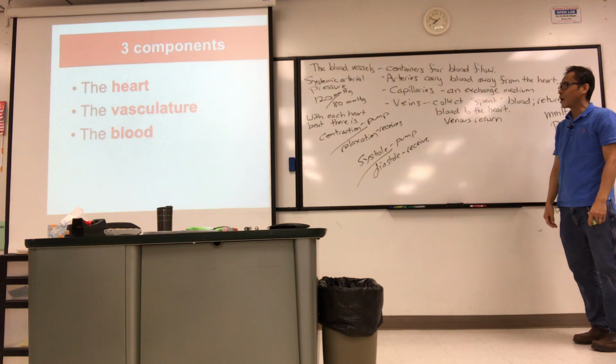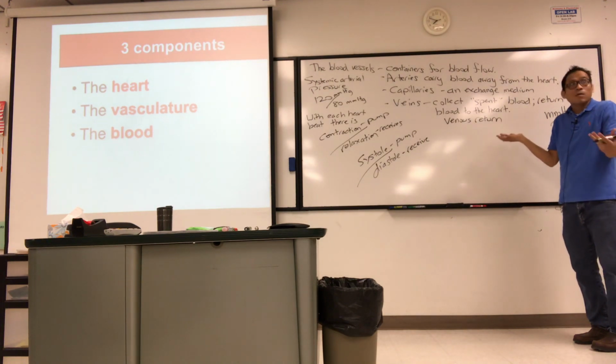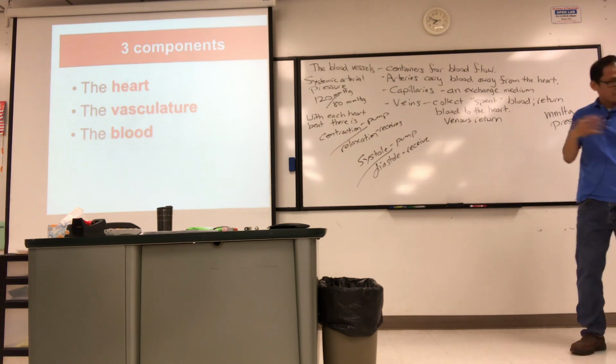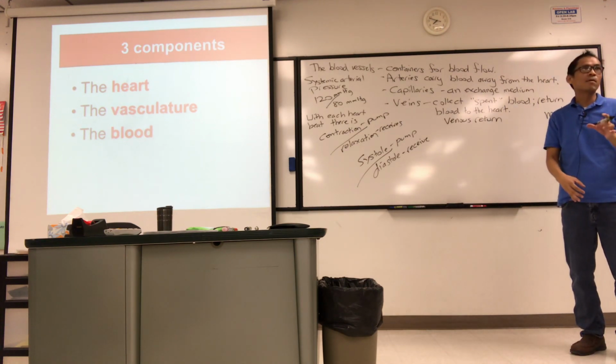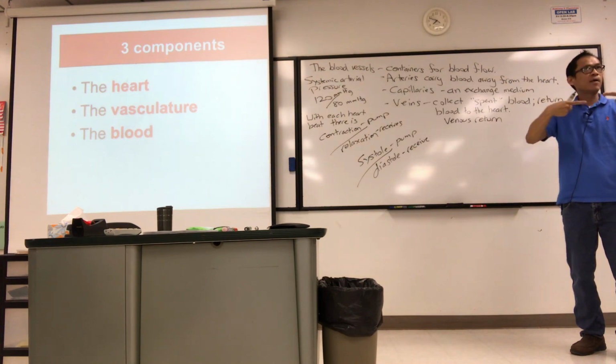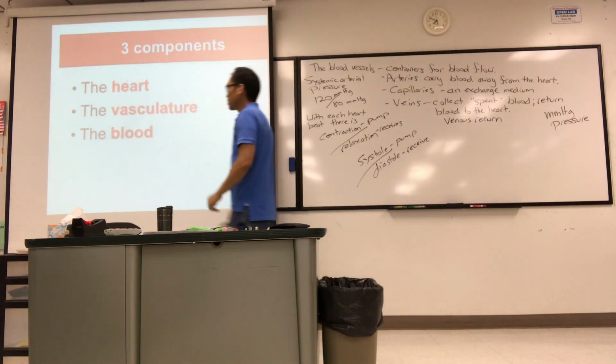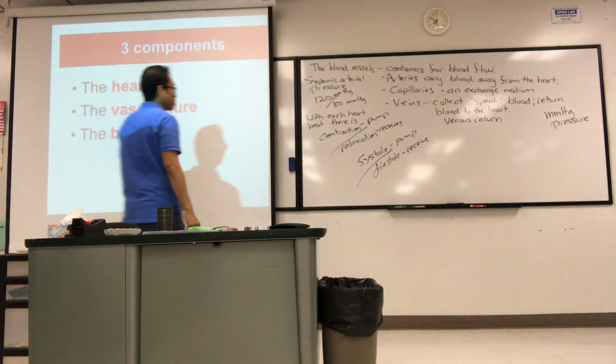Arteries carry blood away from the heart. Veins return it. And a lot of times you have arteries and veins in different regions of the body. They run together. So if they're together, blood is flowing in the opposite direction, right? Artery next to the vein, because they're going to different places.